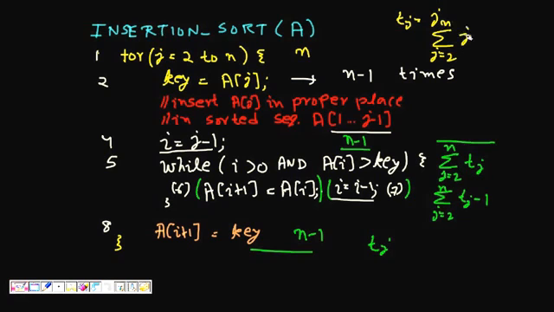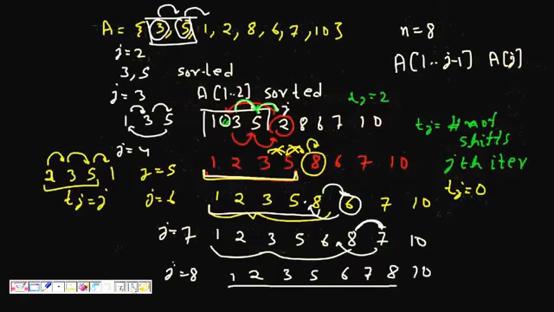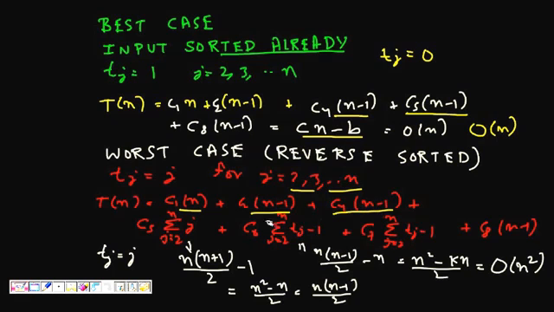We know the summation of 1 to n is n(n plus 1)/2, but as we are not summing 1, we subtract 1, and this is (n square plus n minus 2)/2.